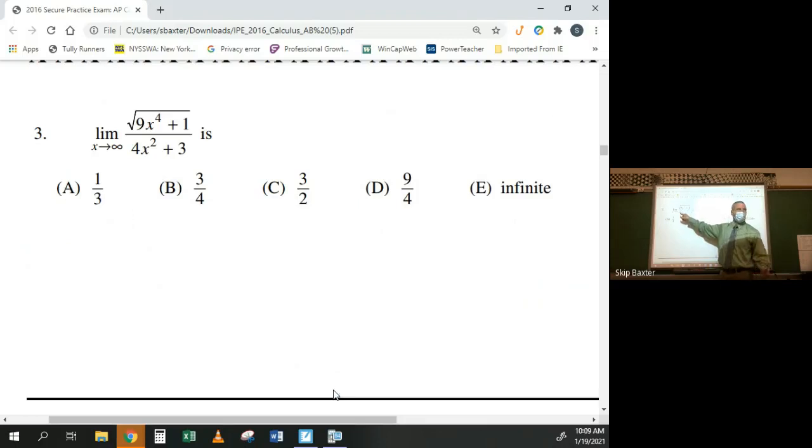So if this was a 6 and this was a 3, then the answer would be either 3/4 if you're going to positive infinity, or negative 3/4 if you're going to negative infinity. In this case, it just says x goes to positive infinity, so we know the answer is 3/4. Does that make sense? Just be careful about problems like that. That's why I wanted to give you that one.